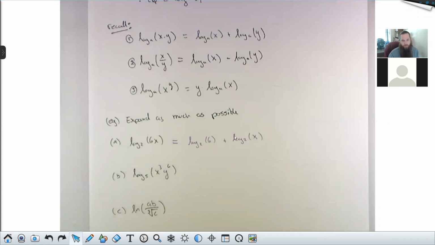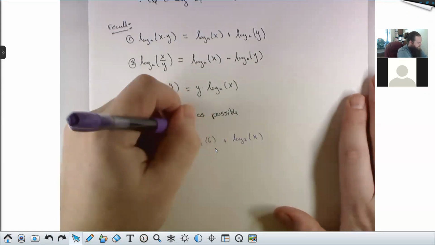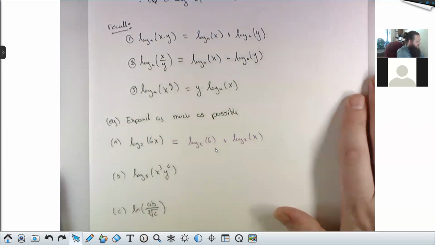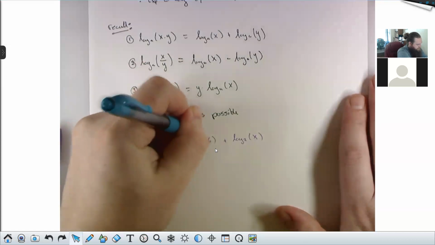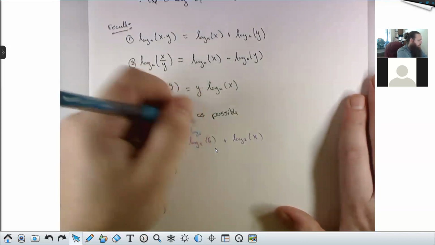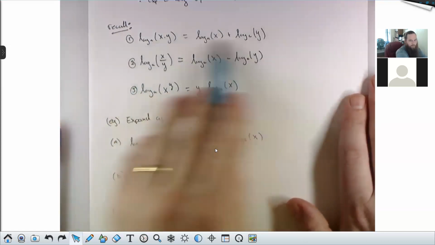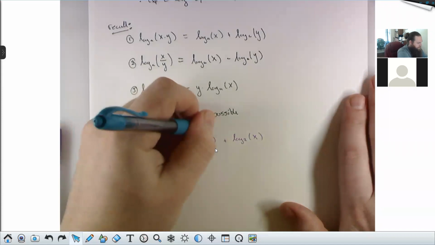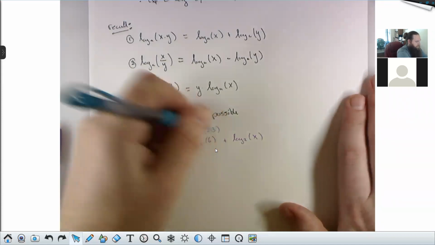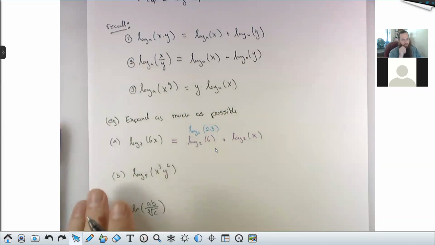And this is good. This is expanded. In theory, I could go a little bit further. Does anybody have an idea how I could further expand the log base 2 of 6? I'm suggesting maybe we use the same rule, but you agree that 6 is 2 times 3, right?